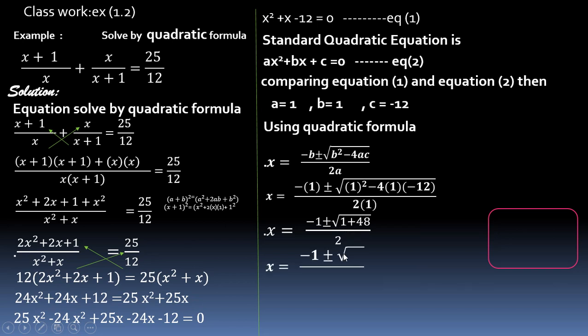So x is equal to minus 1 plus minus the square root of 49 upon 2, and the square root of 49 is 7.